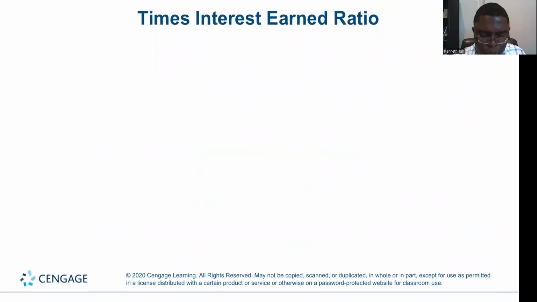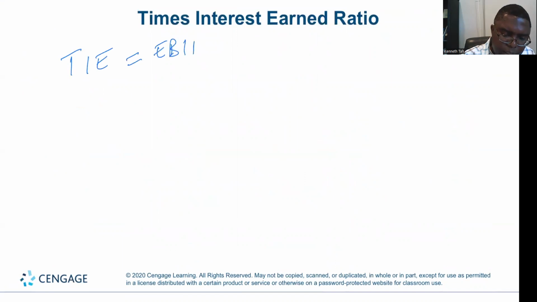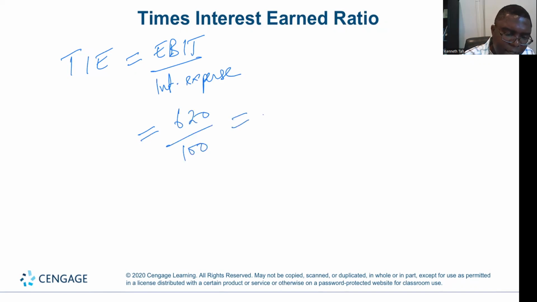All right, the next ratio we want to look at is what we call the times interest earned ratio. The times interest earned is equivalent to earnings before interest and taxes divided by interest expense. On the income statement, earnings before interest and taxes is 620. Interest expense is 100. That implies our times interest earned is 6.2.